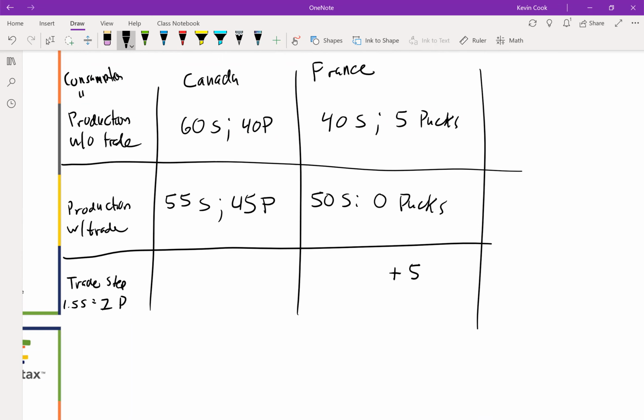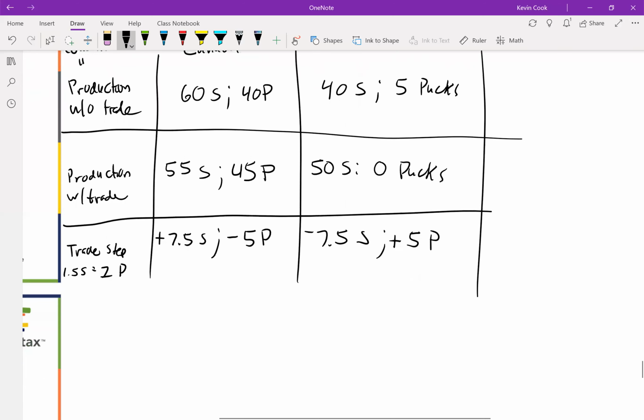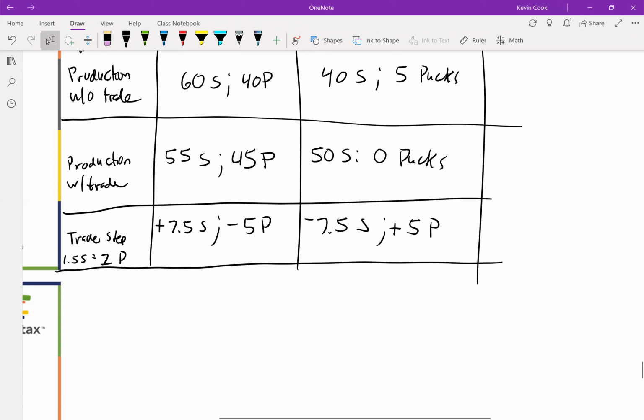So France is going to import 5. Canada is going to give up 5 pucks. And that's going to work out fine for us. But then this trade-off, 1.5 and 5, means that Canada is going to gain 7.5 syrup, while France will lose 7.5 syrup. So when this works out, we have our trade step, then we just work things through, and this will work out nice for us.